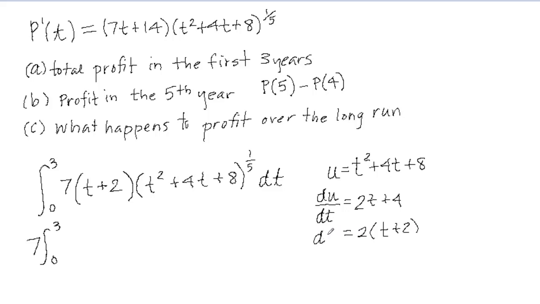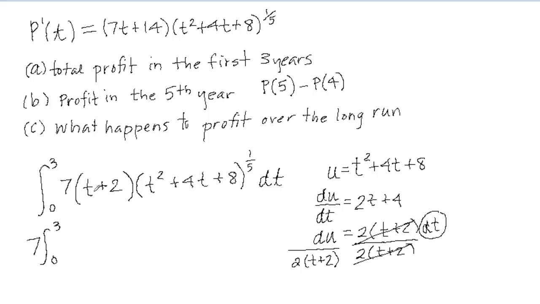I'm also going to multiply both sides by dt. Let's solve for dt: we divide both sides by 2 and t plus 2. So this is what I can substitute for dt.